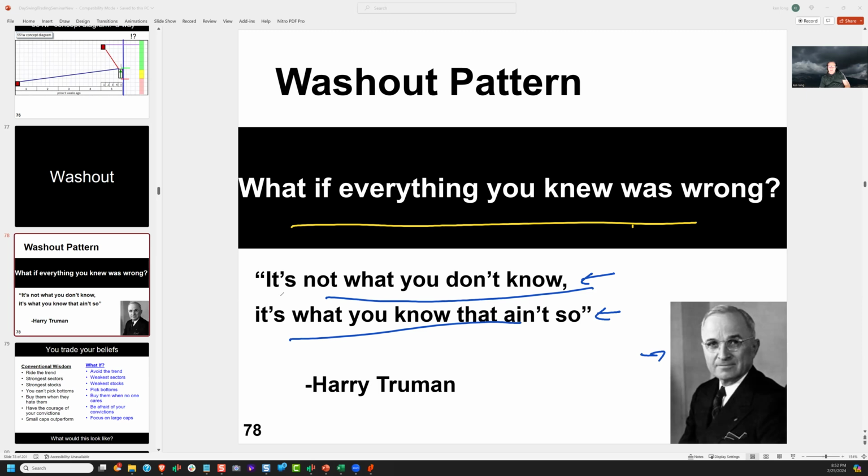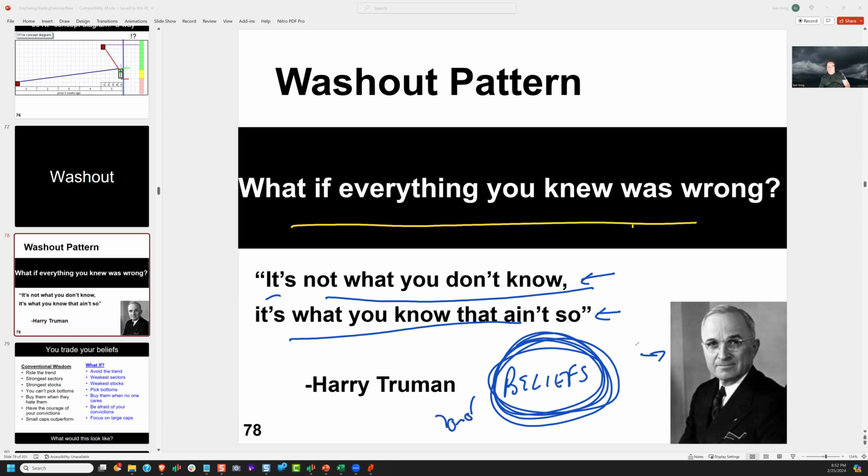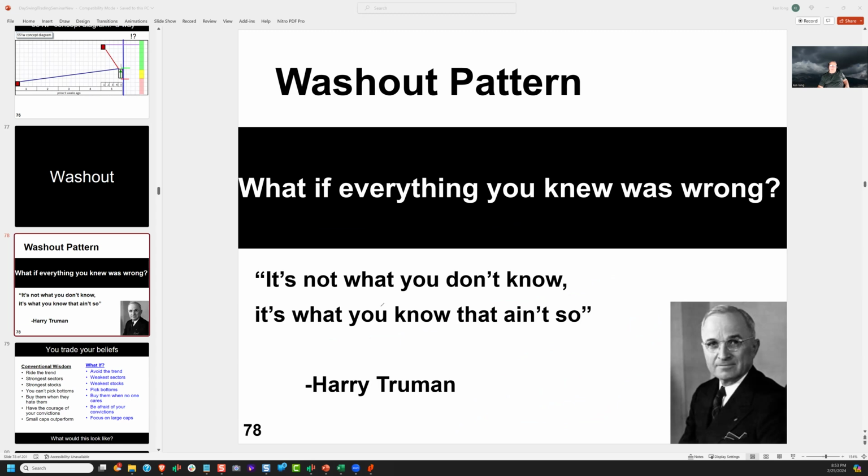And beliefs, what he's saying there is that beliefs can be so strong that it prevents you from seeing, like you're on this side and the truth is over here, but you can't see the truth because your beliefs get in the way. So this idea was, what if everything that I knew was wrong? Or said another way, what if everything the market wizards believed is wrong?